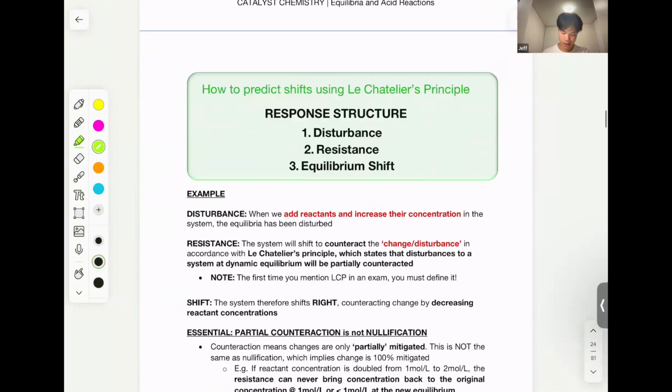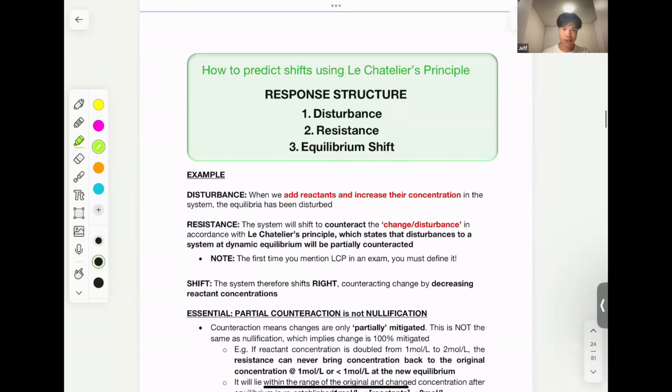Okay. So every LCP response, the easiest structure to follow is disturbance, resistance, shift. You identify what disturbance happened. Did you change concentration, temperature, pressure, or volume? Then you say how you would counteract that.